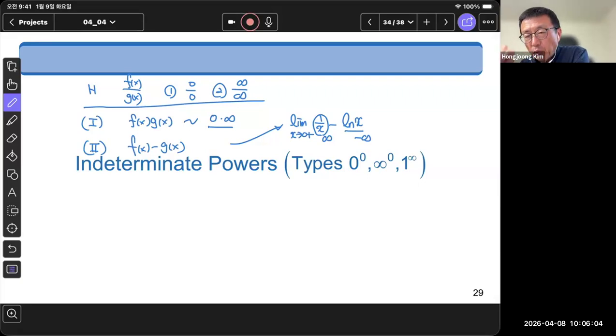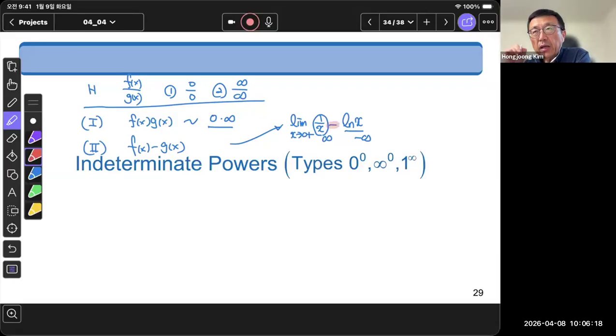But I have this negative sign in front of ln x, and negative of negative will become plus.